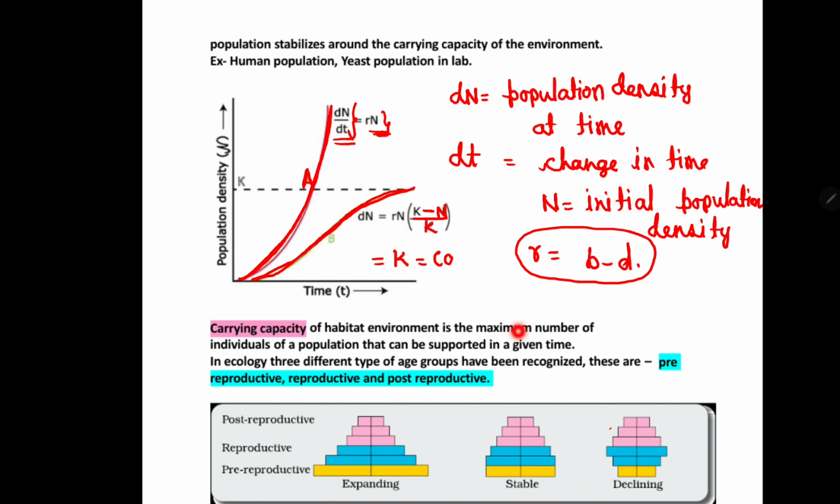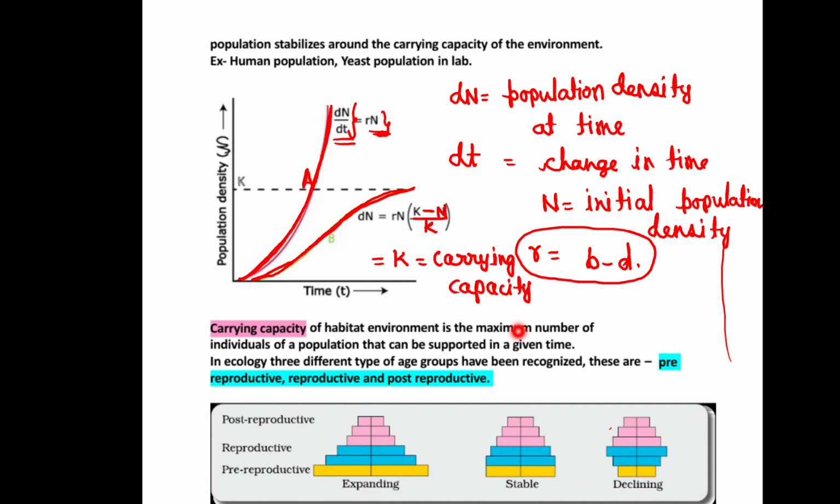K is the carrying capacity here. Carrying capacity of a habitat is the maximum number of individuals in a population that can be supported at a given time. Fine or not? So these are the two formulas.